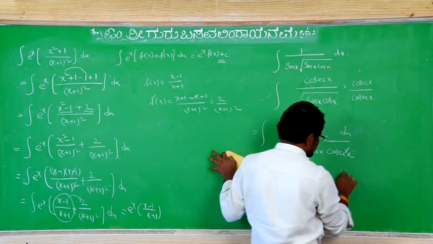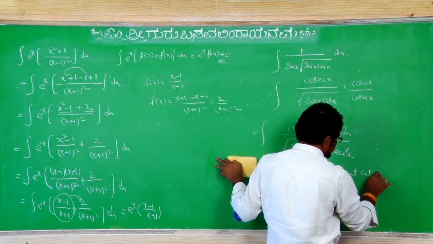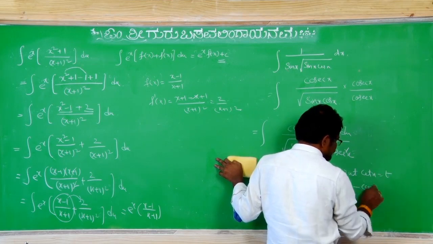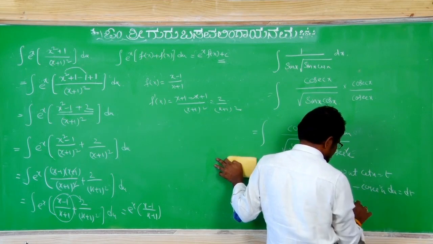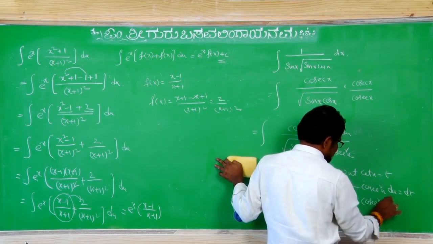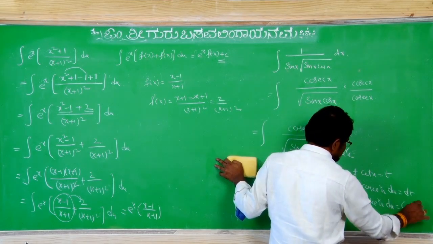Now what do we have to do? Put cot x equal to t. So minus cosecant square x dx equal to dt, which implies cosecant square x dx equal to minus dt.